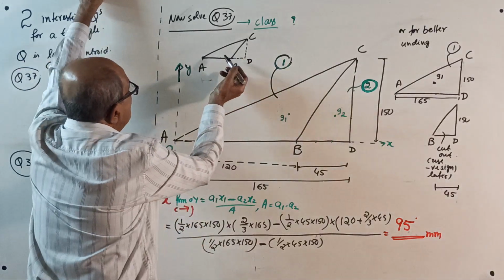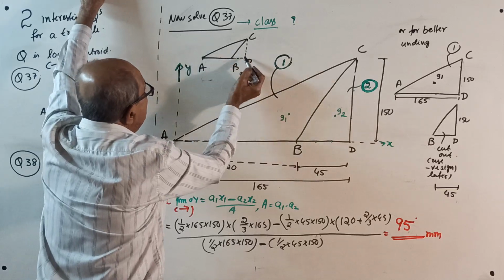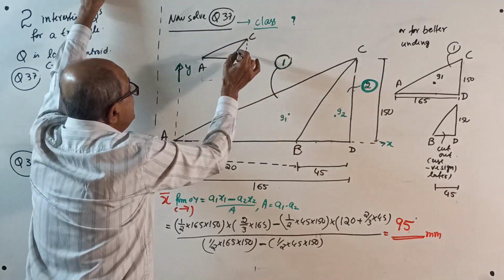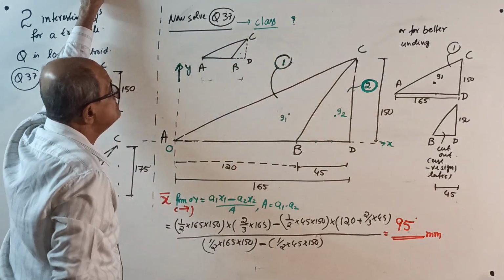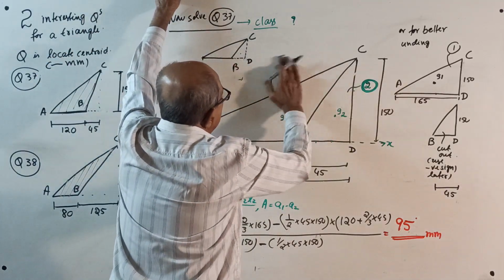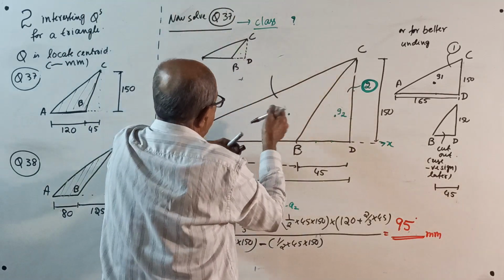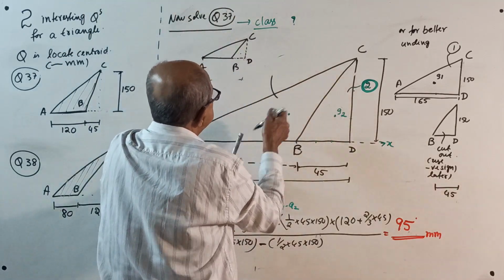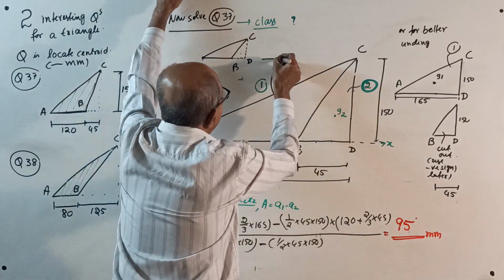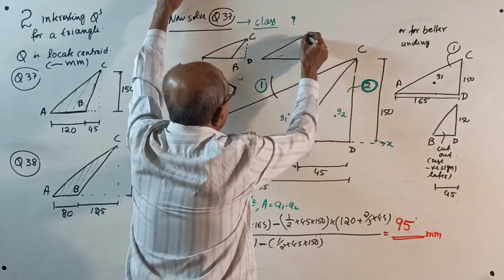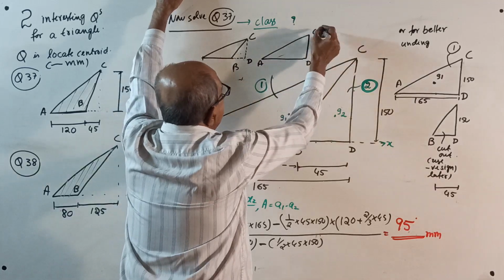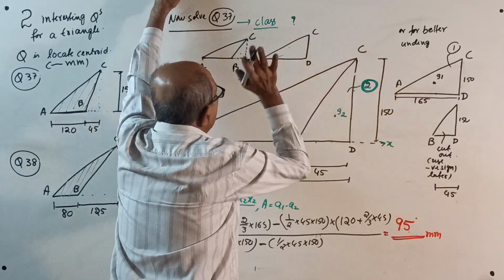Now, you take ADC as a full triangle. Imagine this is cut out. This is 1 and 2. First write, imagine this is the triangle A, D, C. This is your full triangle.